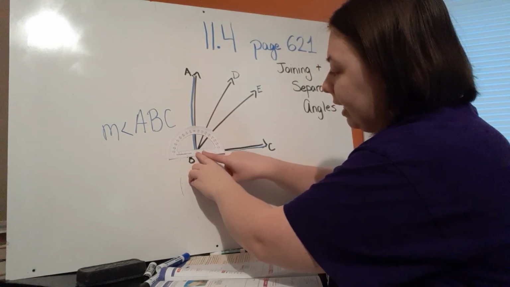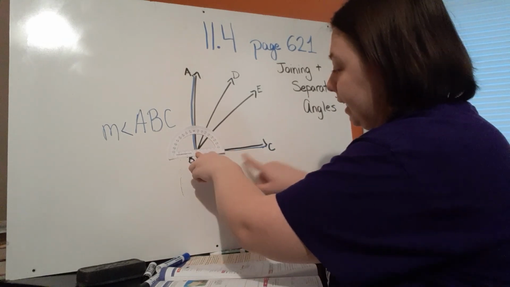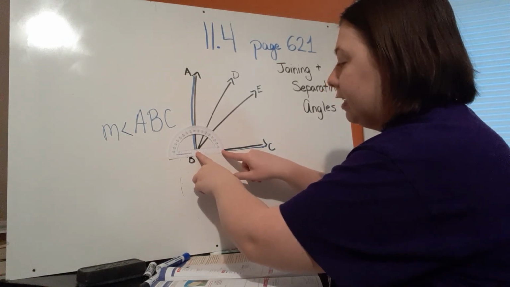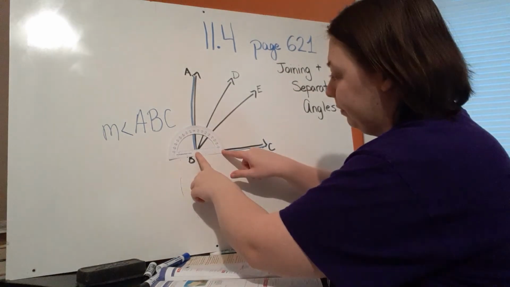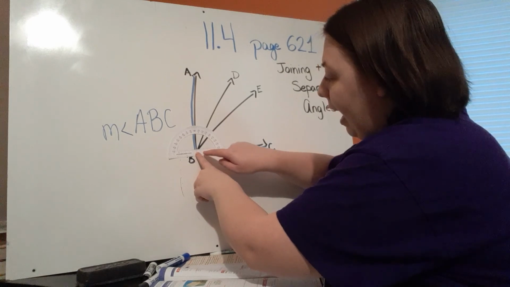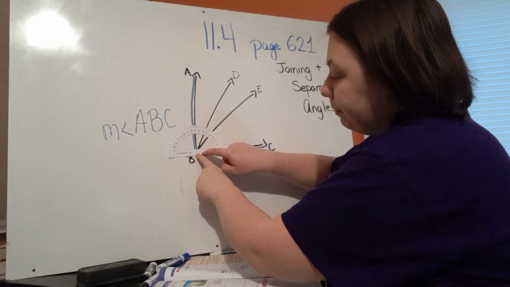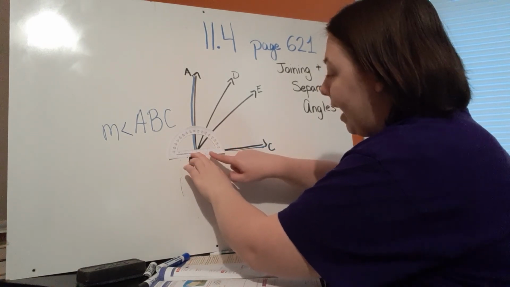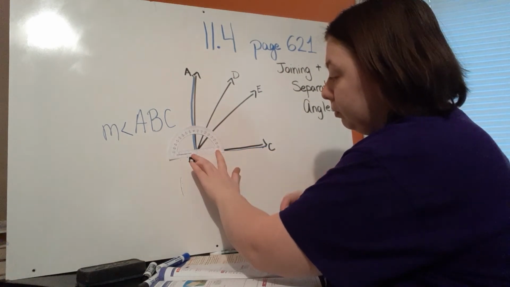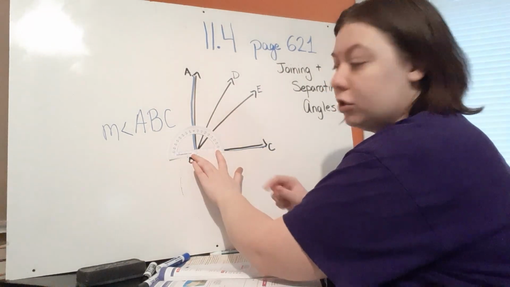And I want my ray BC to be lined up with 0 degrees on my protractor. So if I look, I have my hole lined up. My ray BC is lined up with my 0 degree on my protractor.